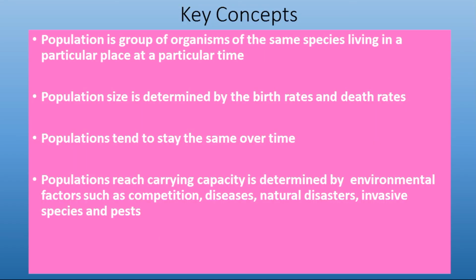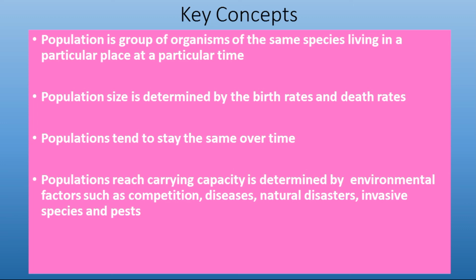In this lesson, we learned that organisms of the same species living in a particular place at a particular time is called a population, and that the population size is determined mainly by the birth rates and the death rates. Even though populations may increase or decrease over time, populations tend to stay the same.